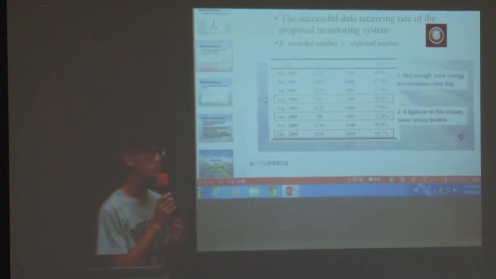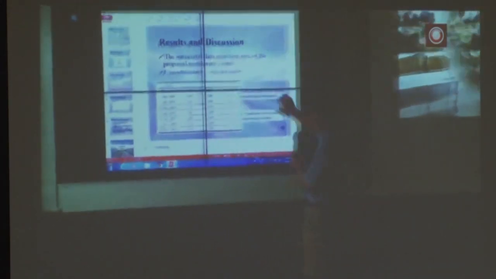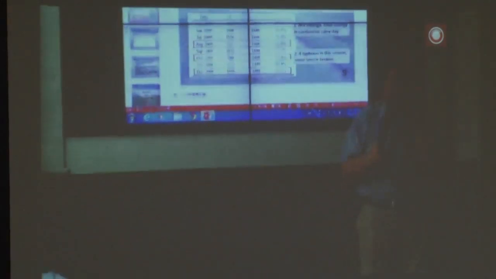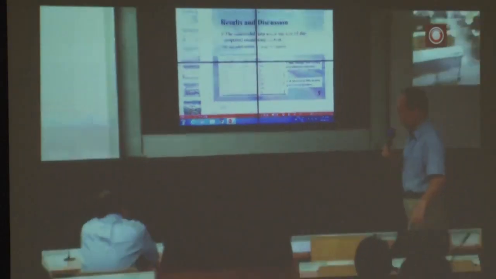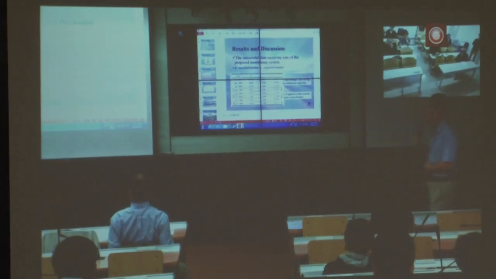No. Any problem with GSM, the system used by mobile phones? Yes. You say not enough solar energy or a typhoon causes the problem, but could it be possible that the problem is caused by GSM malfunction?